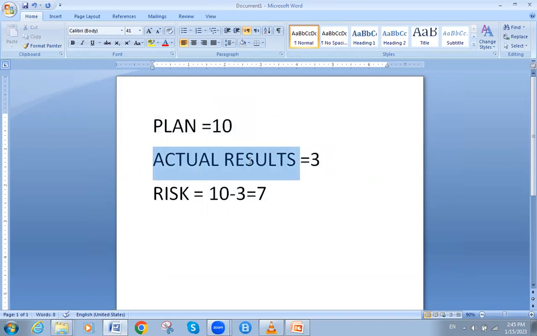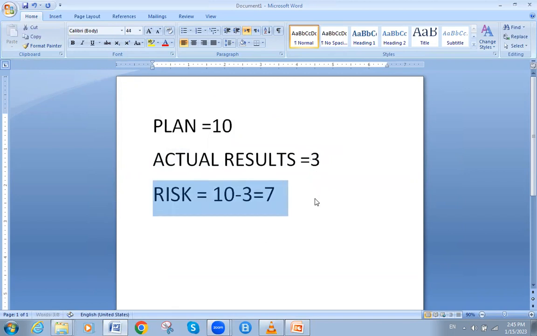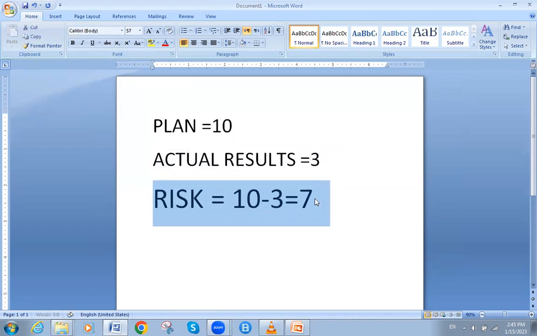When I came to produce really, I found that I produced 3 units, so the risk amount is 7.